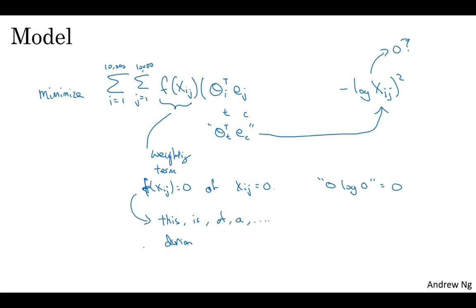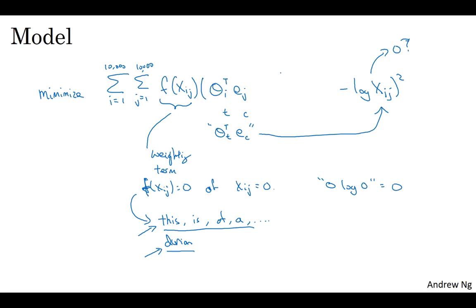And so the weighting factor can be a function that gives a meaningful amount of computation even to the less frequent words like durian, and gives more weight but not an unduly large amount of weight to words like this, is, of, which just appear a lot in language. And so there are various heuristics for choosing this weighting function f that neither gives these words too much weight nor gives the infrequent words too little weight.